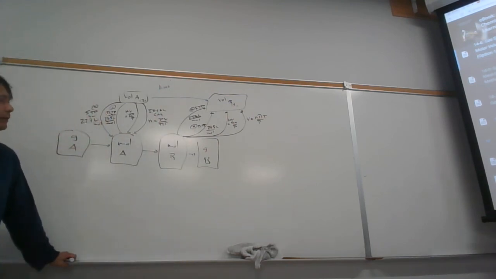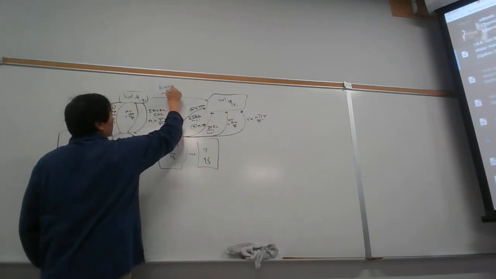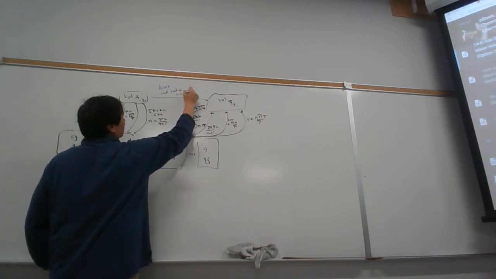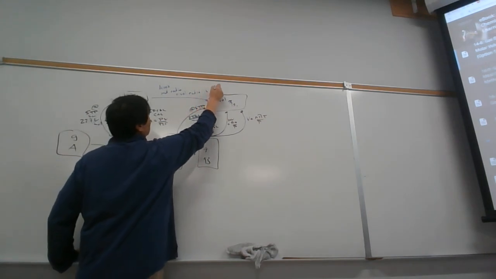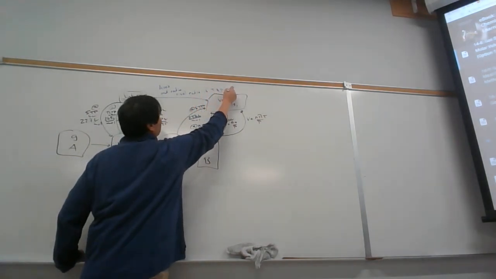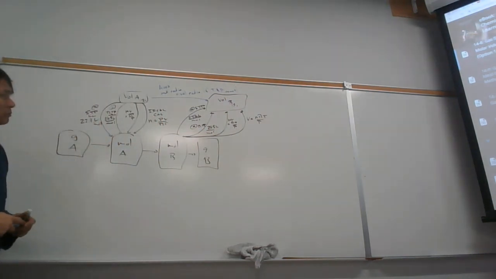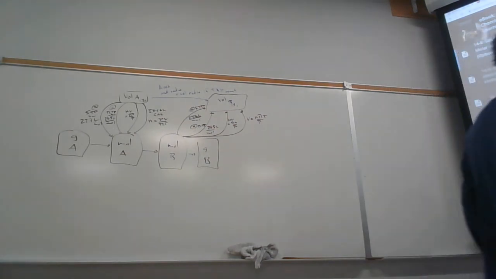The mole ratio is the same as the volume ratio if T and P are constant. That is, if A and B are under the same temperature and pressure, then this is the quickest. Mole ratio is the same as volume ratio.